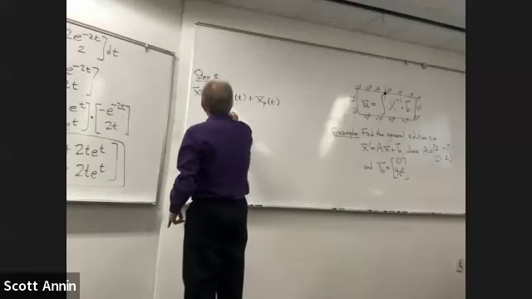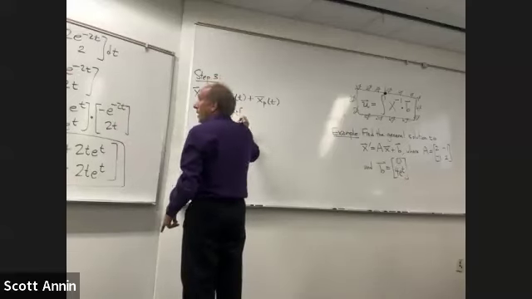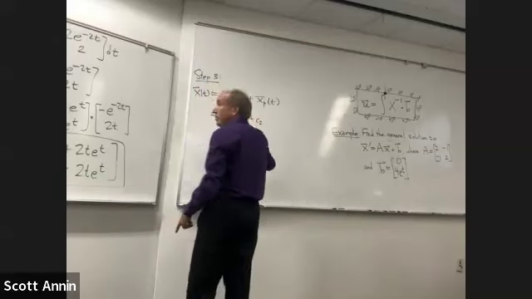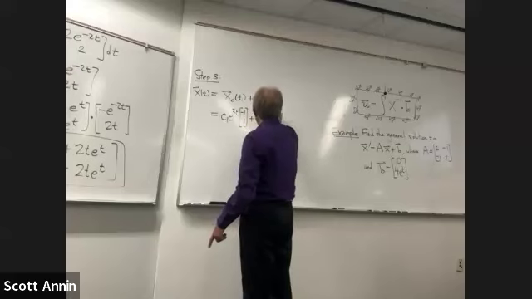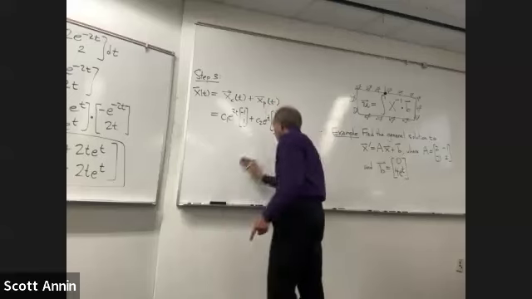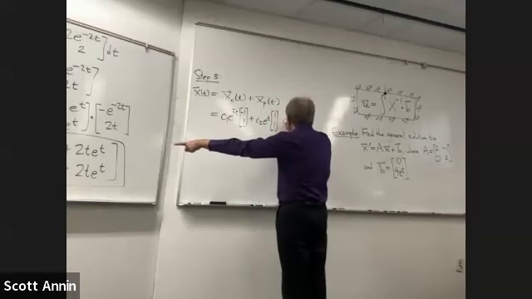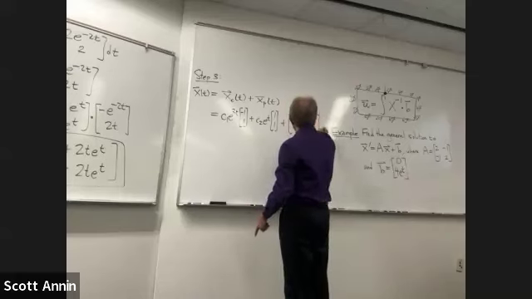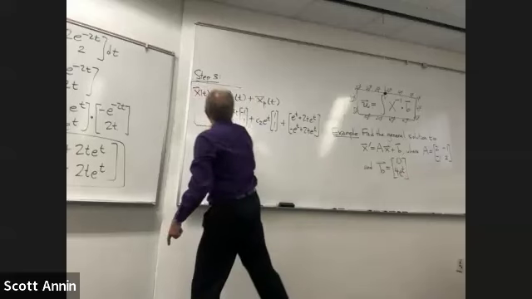So c1 e to the 3t times negative 1 and 1, plus c2 e to the t times 1 and 1, and then plus the particular solution, which is this guy, e to the t plus 2t e to the t, and negative e to the t plus 2t e to the t. Final answer.